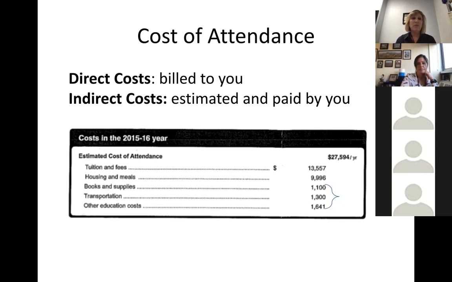And then there are some of those other miscellaneous kinds of fees or ways that you're going to need to spend money. For instance, spending money. Right now you are going to the mall, you're going out to eat.